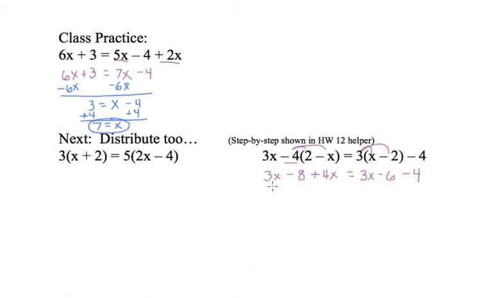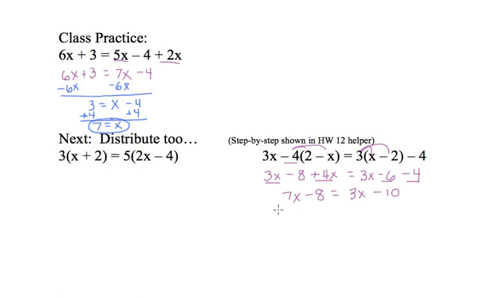Now I'm going to add like terms on each side, so for each expression. So I've got a 3x and a 4x, so that's 7x minus 8 equals 3x minus 10. So I've simplified this expression and this expression, and now I'm going to solve.